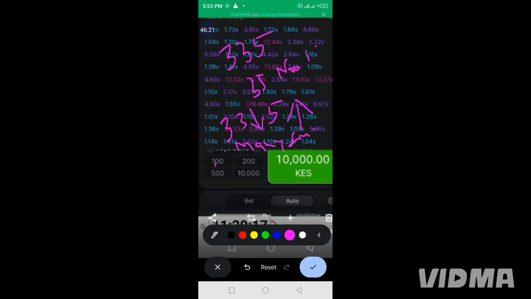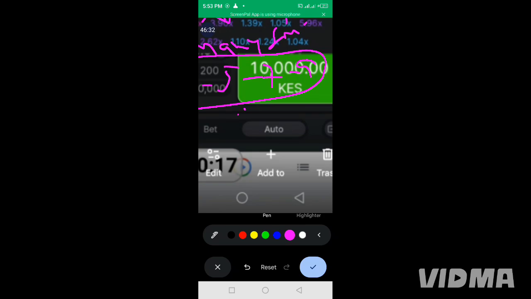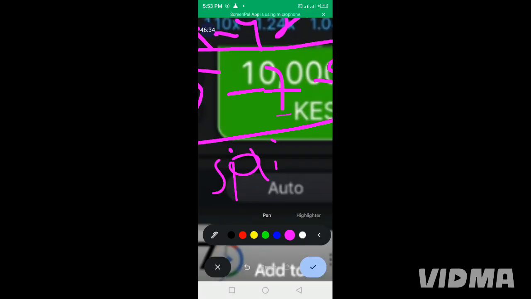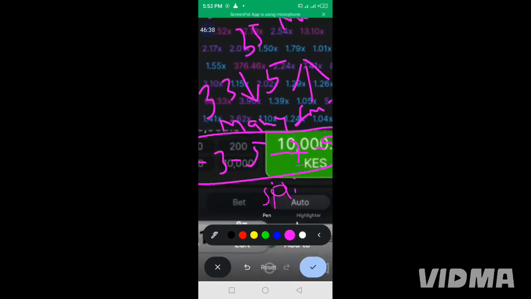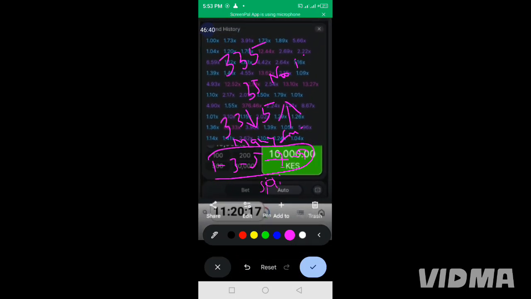Because remember, 1, 3, 5, 7, 9 all stand for split.